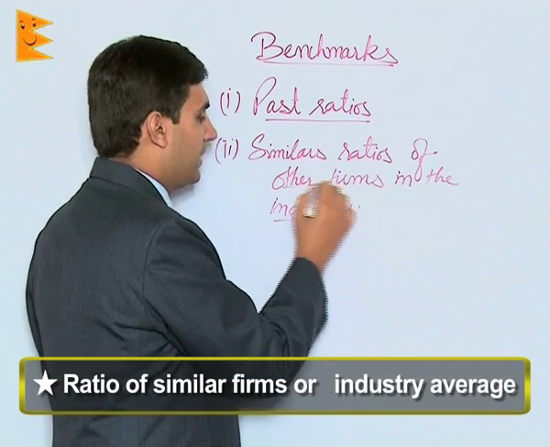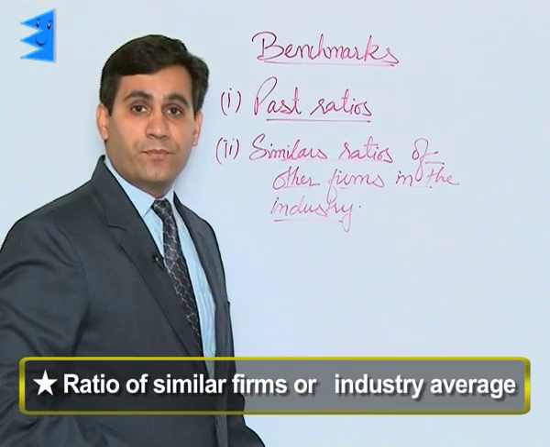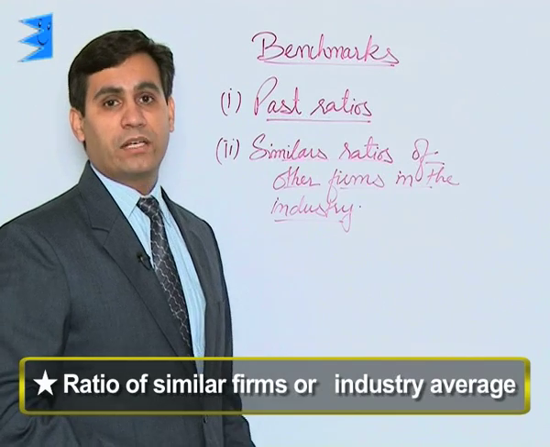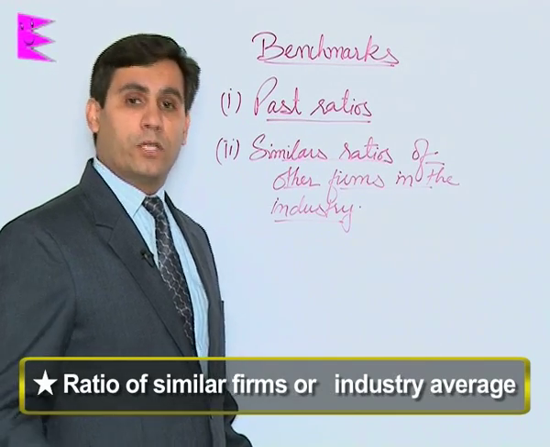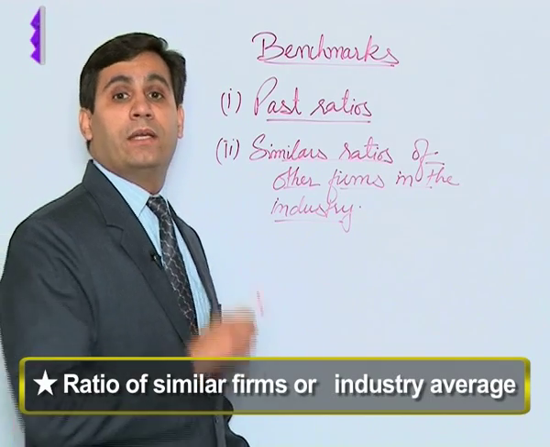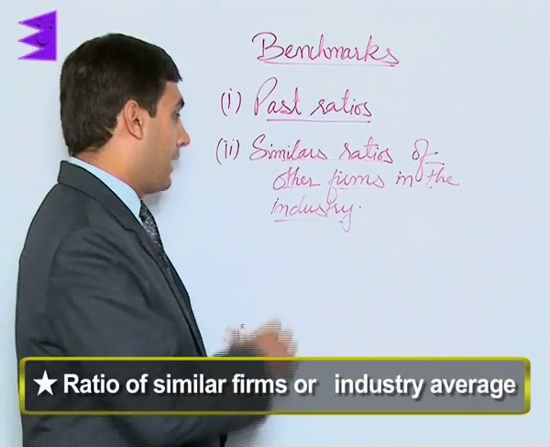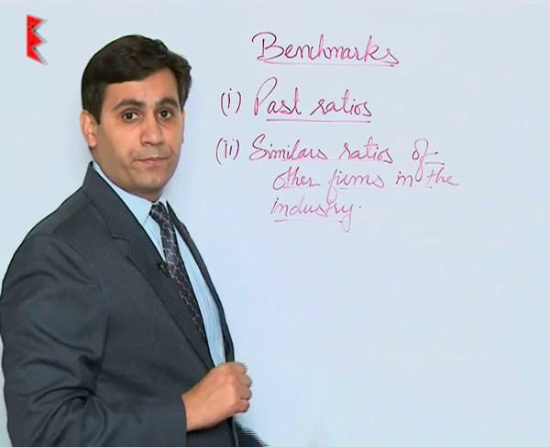Now students, this is the second benchmark that can be used. That is, we can actually compare our ratios with the ratios of other companies during the same time period, provided they fall in the same industry. Again, this is restricted to cross-sectional analysis.